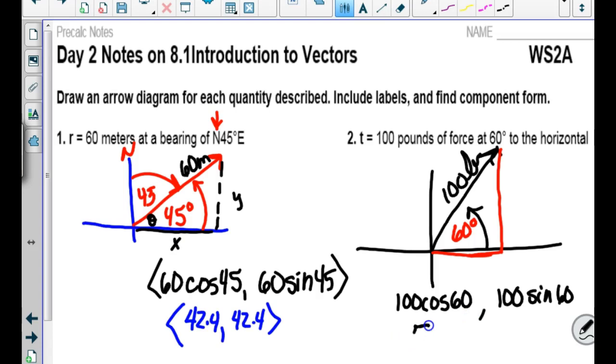Thinking this is 50. Did I get that right? And this is the decimal that I don't know. All right, does this sound familiar to everybody? Components?